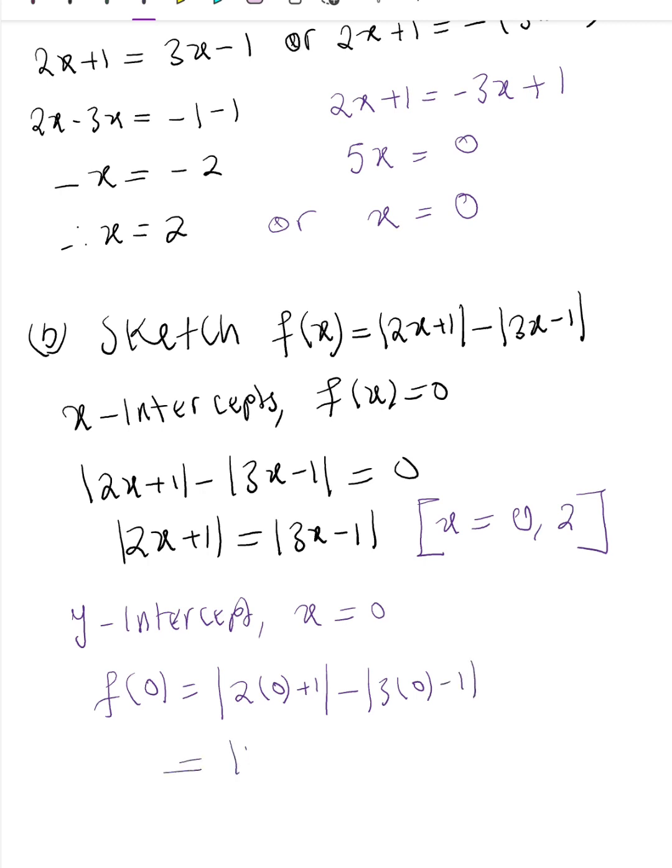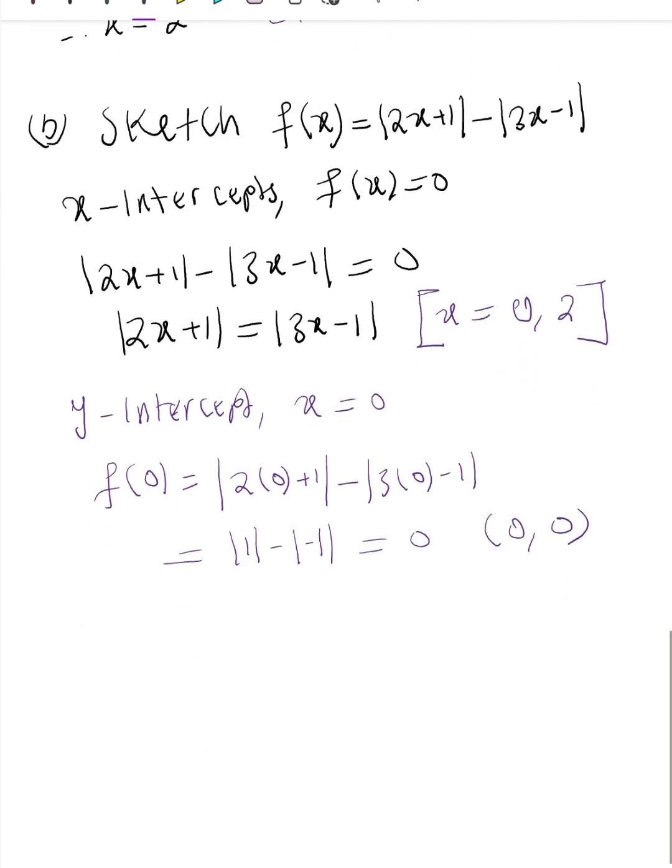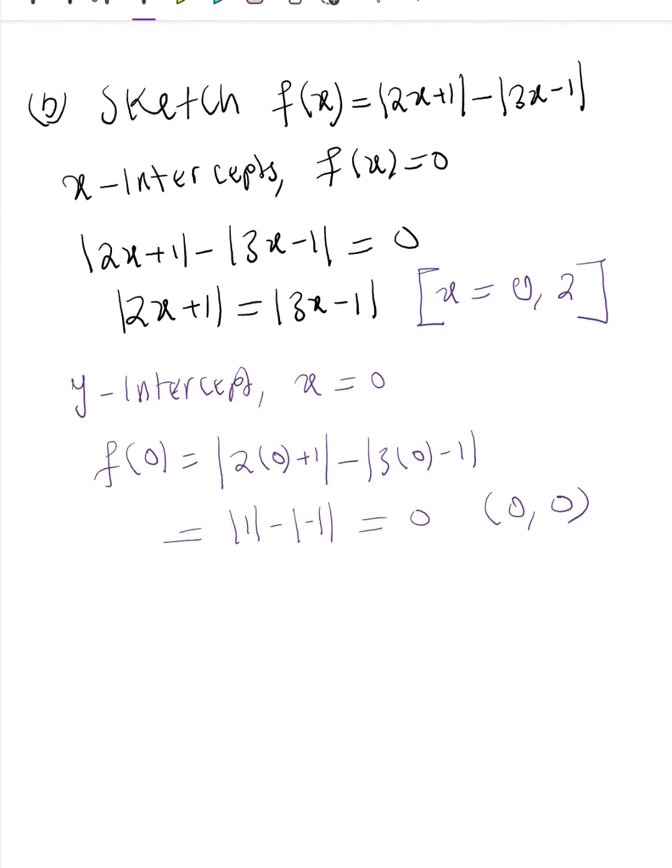But this is just the same as the absolute value of 1 minus the absolute value of negative 1, which is just 1 minus 1, which is 0. So it will pass at (0, 0). Okay? So you have the x-intercept and the y-intercept. So I am making sure that I add all the details that you need to sketch a most accurate graph.